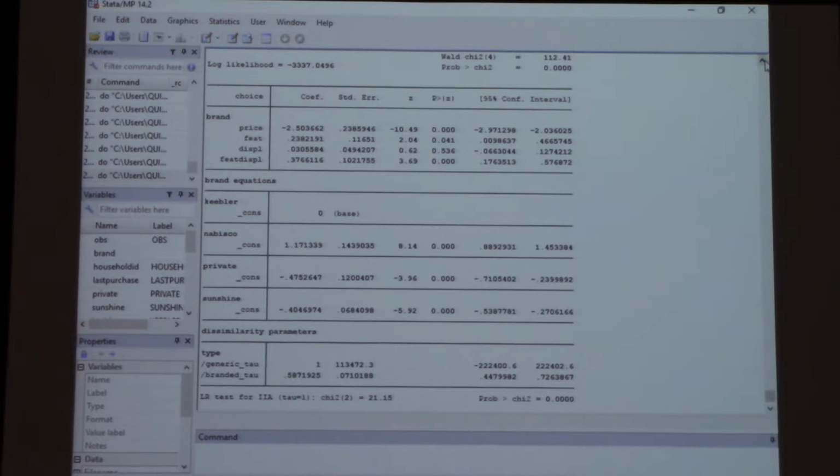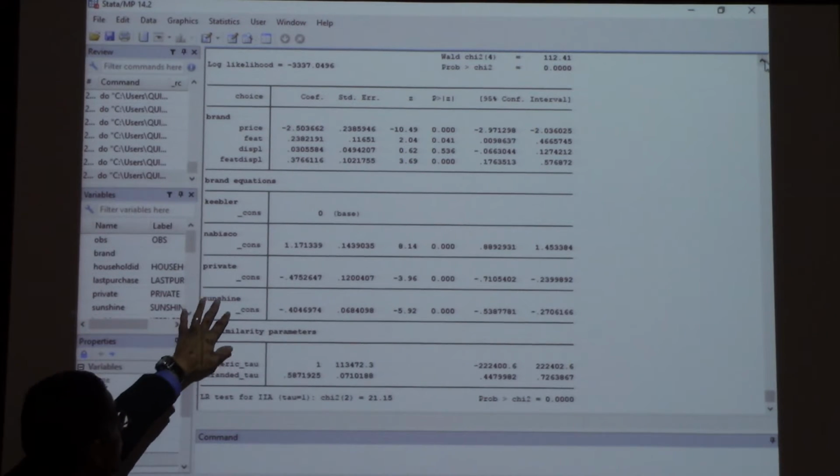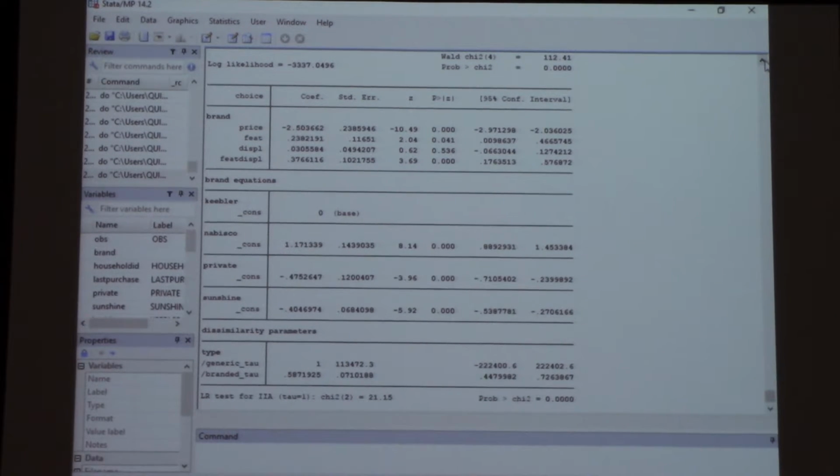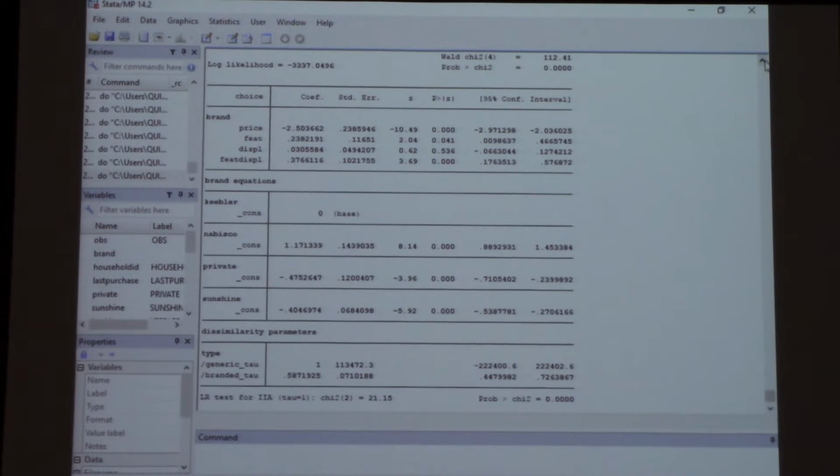Price is negative and significant. Feature is positive and significant. Display is positive but not significant. Feature and display is positive and significant, so we're getting again consistent results. These fixed effects or dummies that are included in the regression just indicate that, for example, Nabisco is 1, so if it's positive, we're more likely to pick Nabisco relative to the base category, which is Keebler.